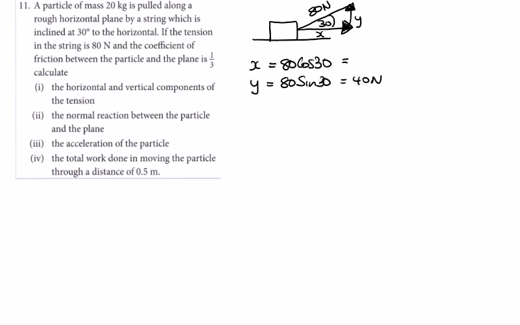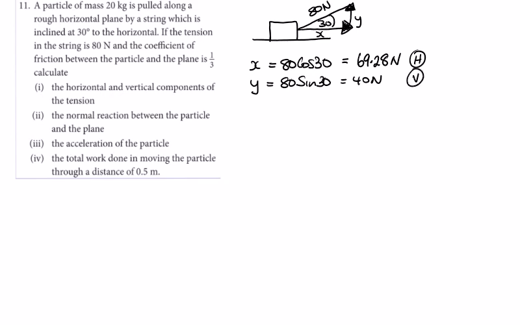And typing cos 30 into a calculator, root 3 over 2 is a decimal, around 0.866 times 80. Just round it off here to 69.28 newtons for my x. So that's my horizontal and my vertical.